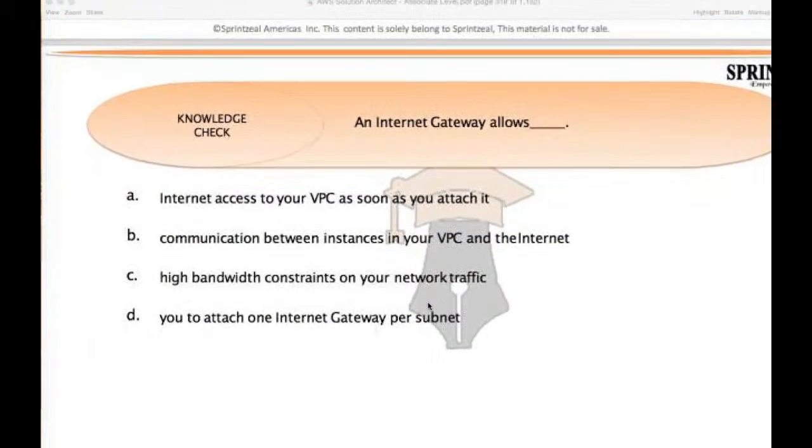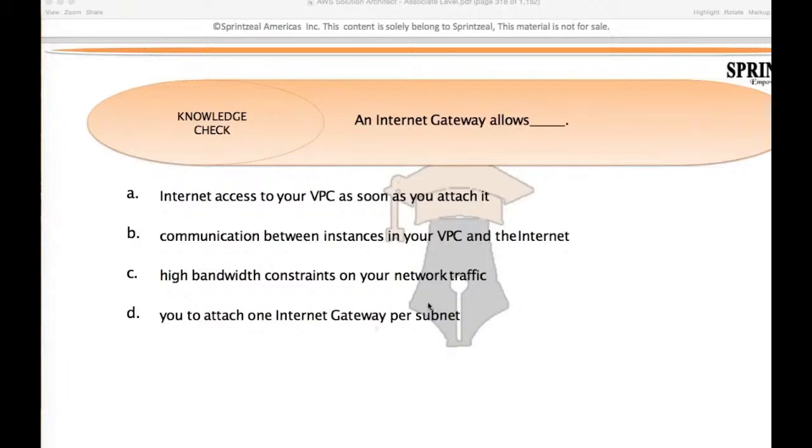Coming to the knowledge check point again, an internet gateway allows the following four choices.